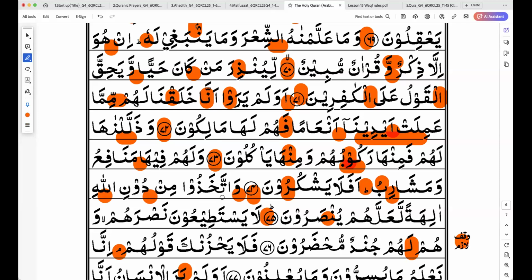Was very melodious. So first thing I want to ask you is, if we are going to start from this word, from the alif, so ignoring the va, how would you do it? What would the alif carry? Would it be a fatha or? Fatha. واتخذوا.